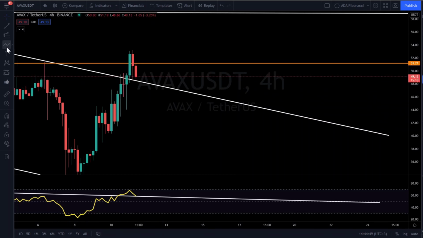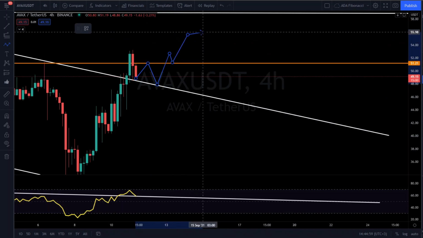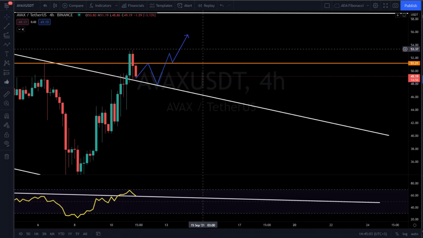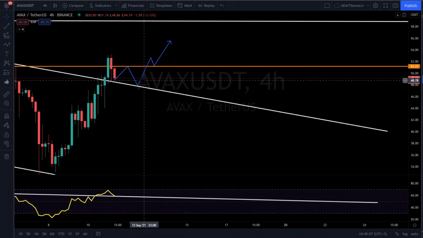So what we really hope to see is us maybe bounce here, come up, come down, and then get up here, and then do something like this. That seems like a good scenario for us.